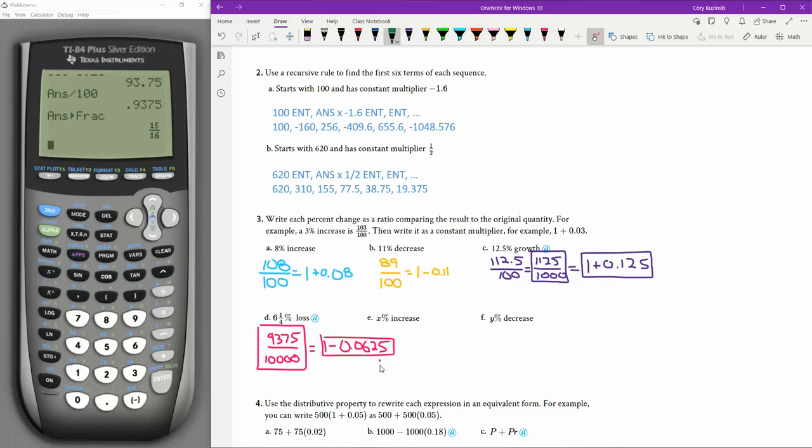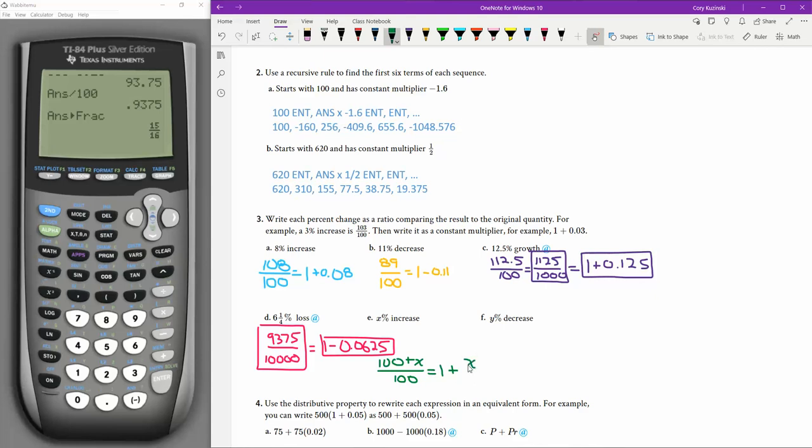X% increase. So we start with 100 and we add X. So I guess this is really all we can do with it. And then if we're going to write that as a multiplier, we're going to do 1 plus point.